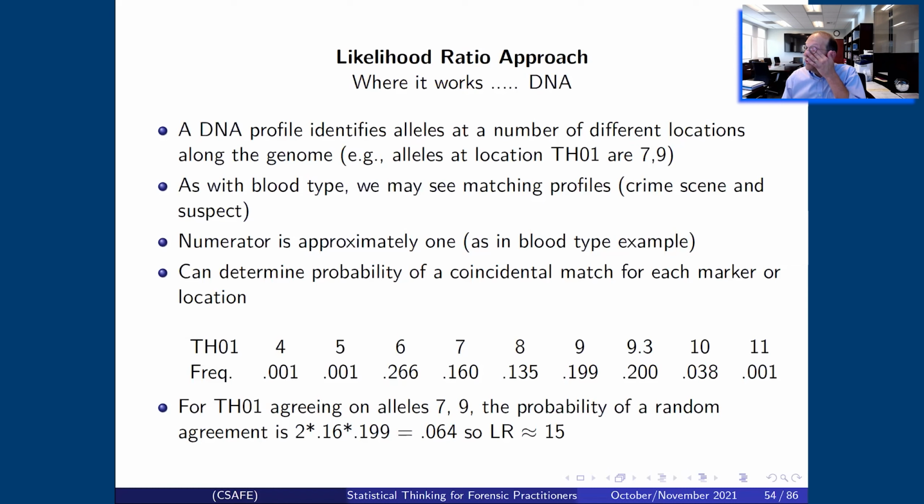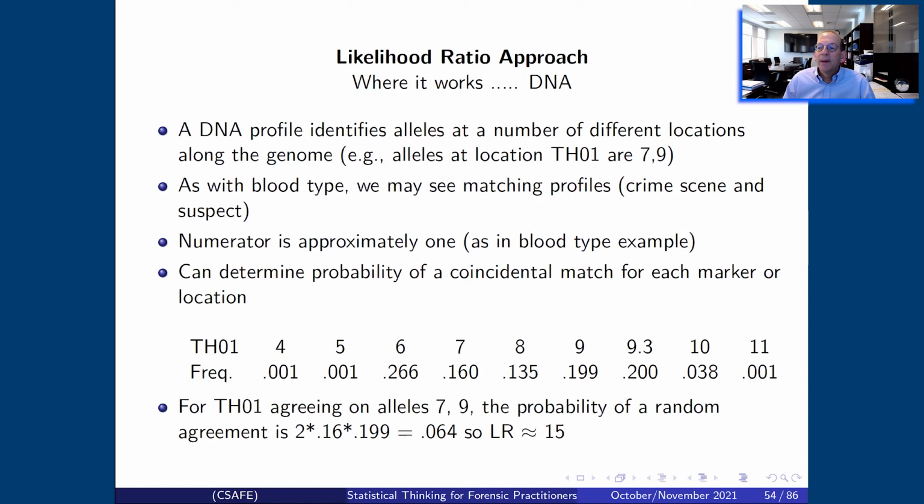And so here's a particular marker known as TH01, and at that marker, humans can either have a 4, a 5, a 6, a 7, an 8, a 9, a 9.3, a 10, or 11. And humans have 2 because they get one from their mom and one from their dad. So you can imagine having a blood sample at a crime scene, doing a DNA analysis, and finding out that the alleles at location TH01 are 7 and 9.